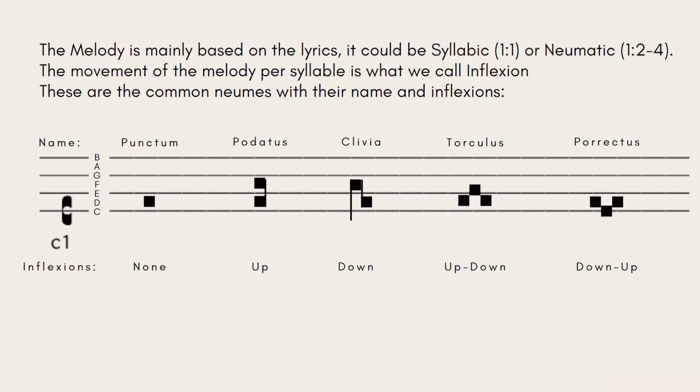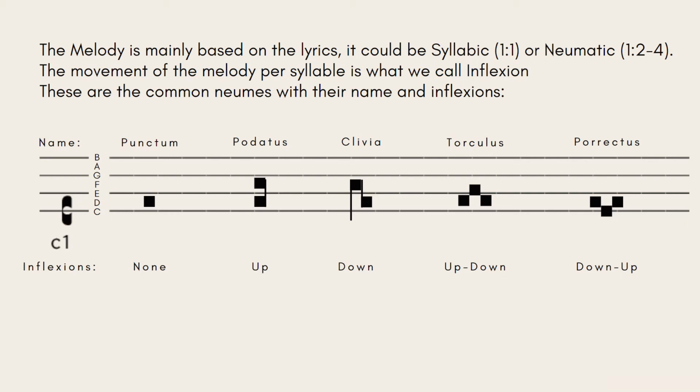While if we have one syllable and then two or more pitches, we call that neumatic. If the syllable is neumatic, we have to identify what kind of inflection it creates. Again, inflection is the movement of the melody. It's either going up, going down, down then up, or anything else.